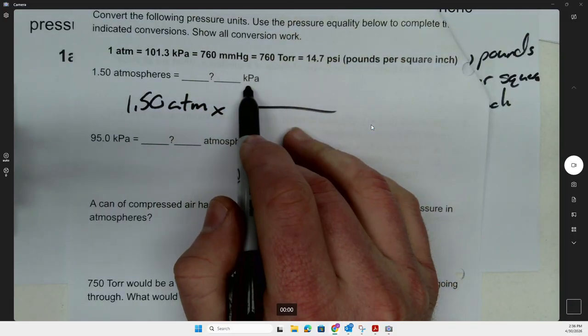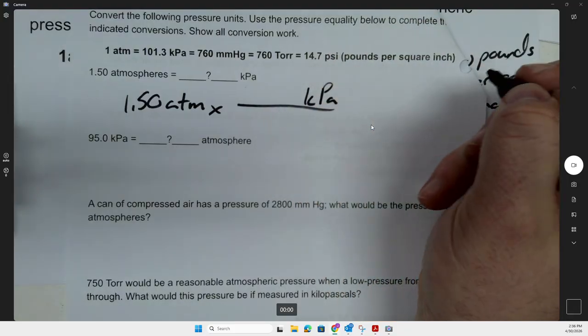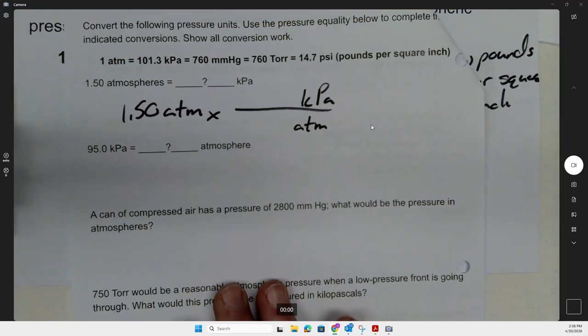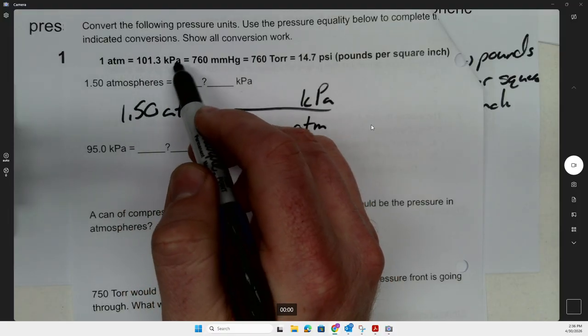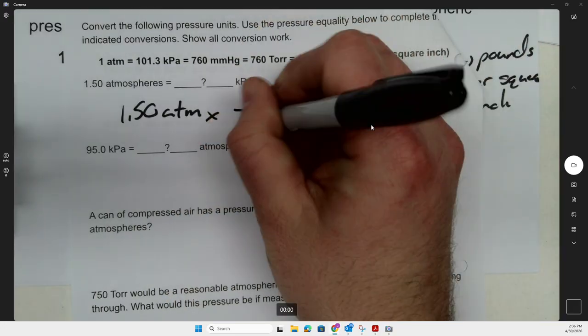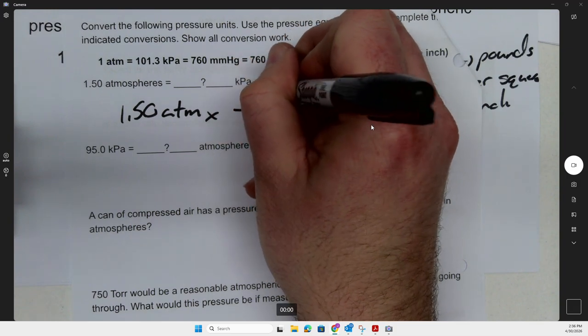I want kilopascals, kPa, and I want to get rid of atmospheres. I go back and take a look at my equalities. I see that 1 atmosphere is equal to 101.3 kilopascals. So, 1 atmosphere under 101.3.